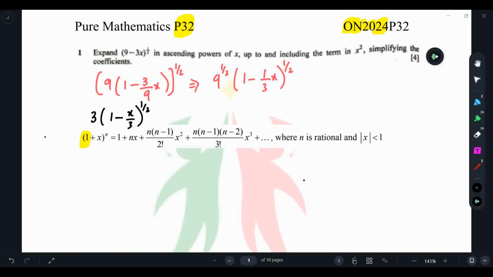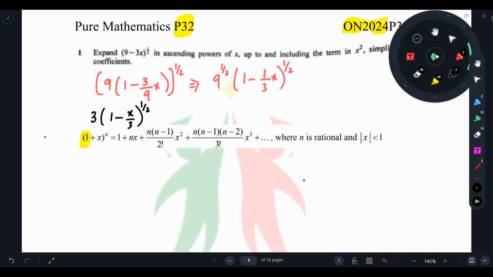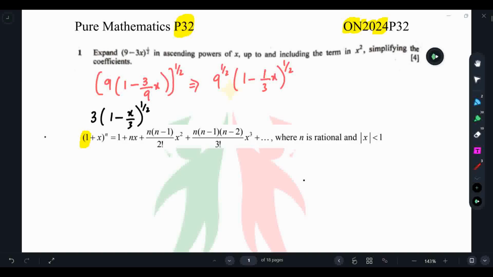But one thing is very important: 1 should be the first term. The second thing, we have to be very careful about the sign. Here we must have a positive sign. So we can further rearrange it like this: 3 into (1 plus minus x by 3) whole power 1 by 2.